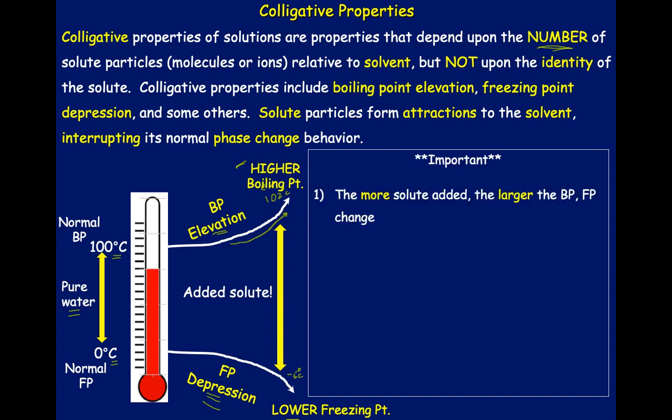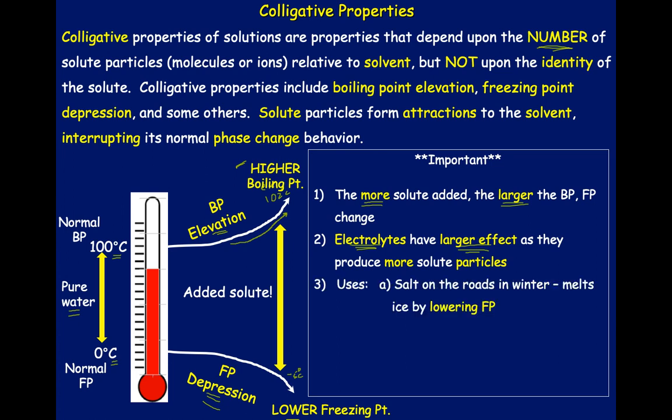So a couple of things you want to keep in mind qualitatively about this. Again, we haven't done this quantitatively; we're going to do that next. The more solute you add, the larger the boiling point and freezing point change. Electrolytes are going to have a larger effect. This gets a little more specific because for the same concentration, they break up into more particles.